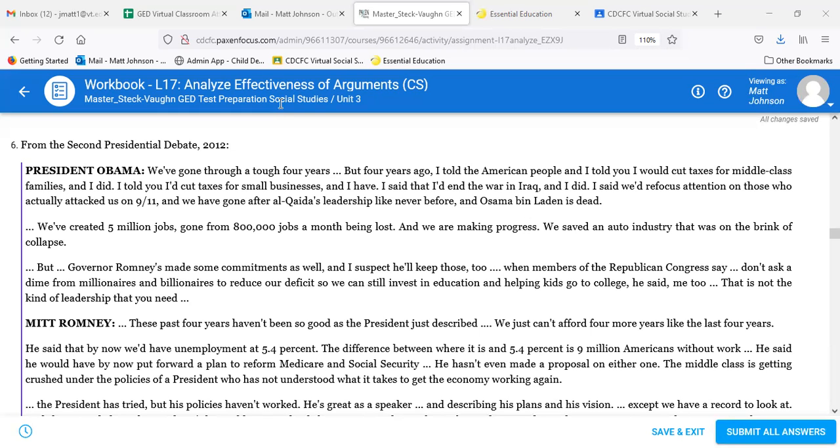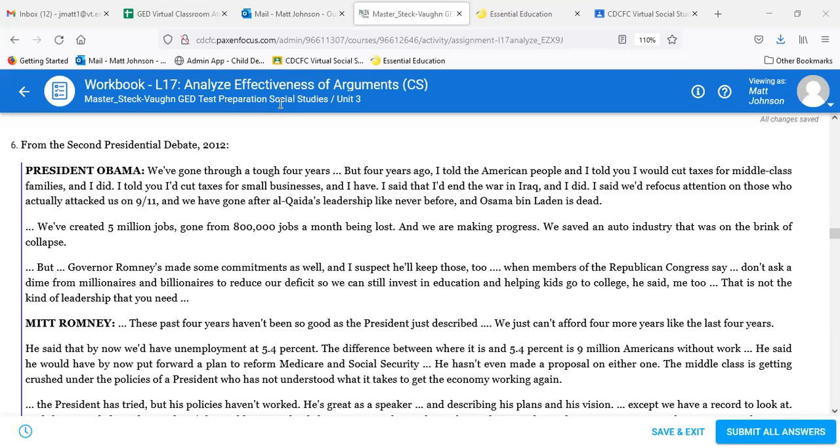Governor Romney: These past four years haven't been so good as the president just described. We just can't afford more years like the last four years.